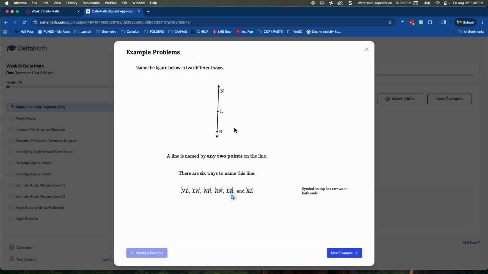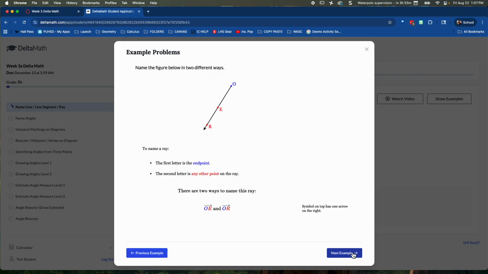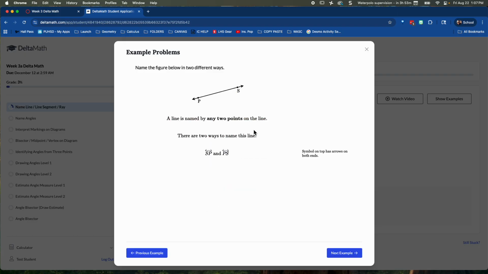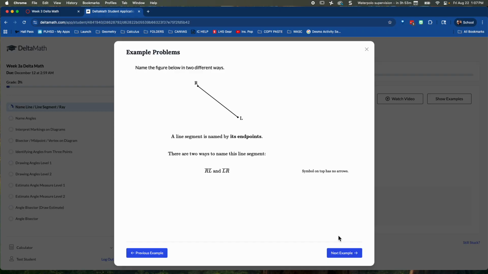Each of those is just a combination of 2 letters because a line goes in both directions. There's not really a stop end to it where it starts and then goes off in that direction. Here's another line. If it gives you 2 letters, it's either PS or SP. It doesn't matter which direction, so both of them are correct.